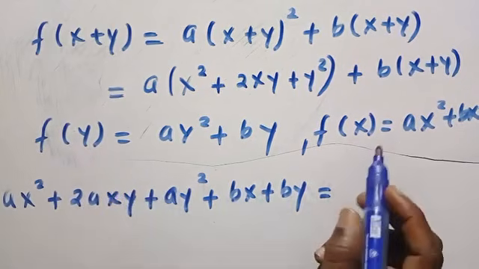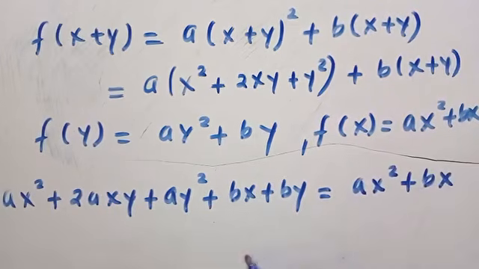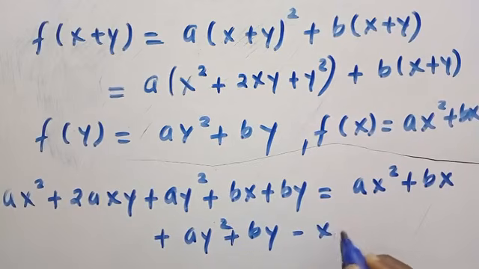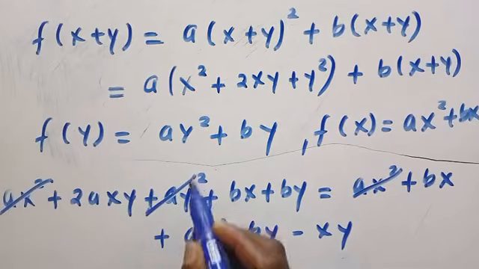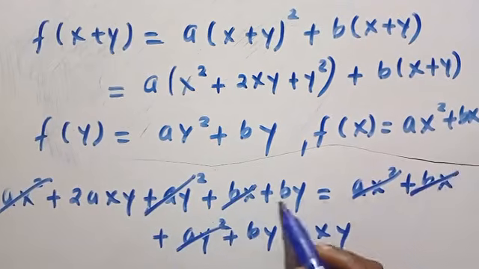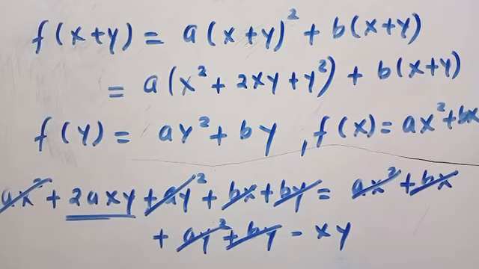Where f of x is given as ax squared plus bx, and f of y is ay squared plus by, then minus xy. Something has cancelled here: ax squared cancels ax squared, ay squared cancels ay squared, bx cancels bx and by cancels by. So we only have 2axy and minus xy at the two sides.